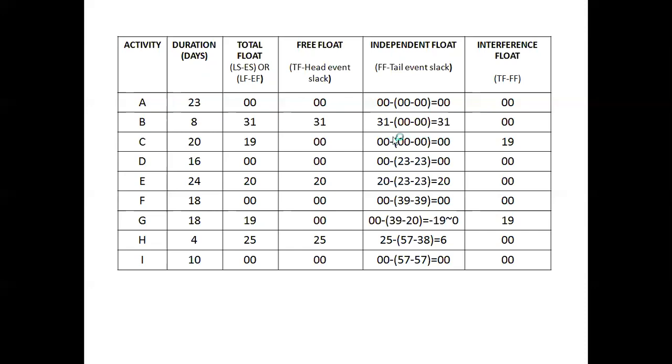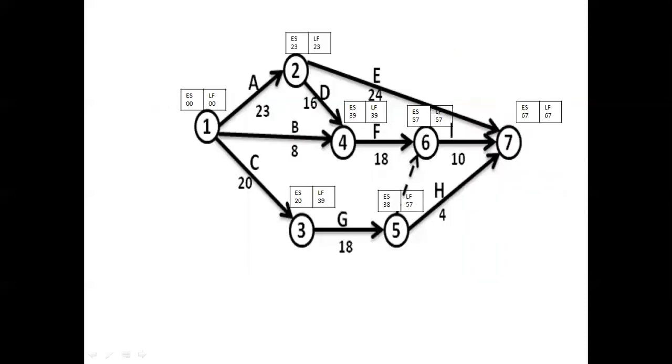For the first one, the free float of activity A is 0, 0. Free float minus tail event slack. Tail event slack is 0, 0, minus 0, 0. For activity A, the tail event is 1, and the slack means the difference between latest finish and earliest start.